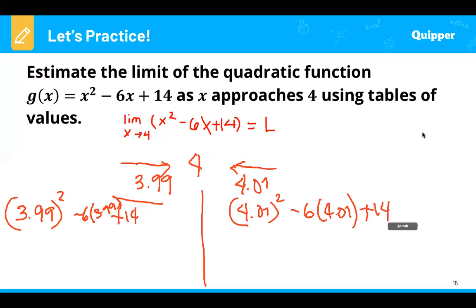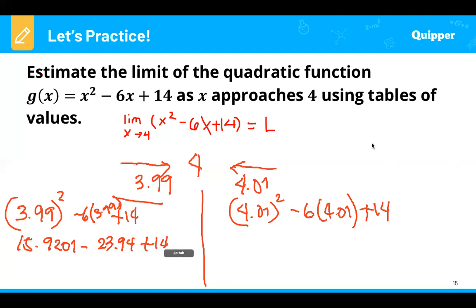Now let's solve for that one. What is 3.99 squared? That is 15.9201. And then 3.99 multiplied by 6 is 23.94, plus 14.